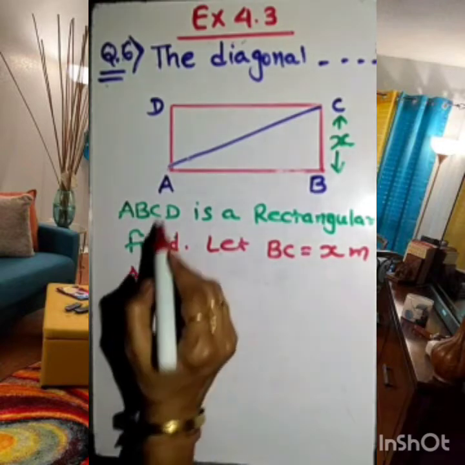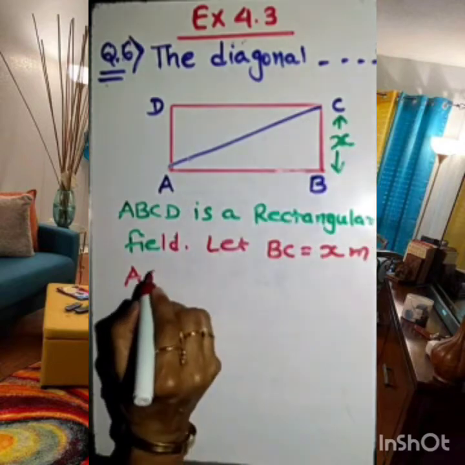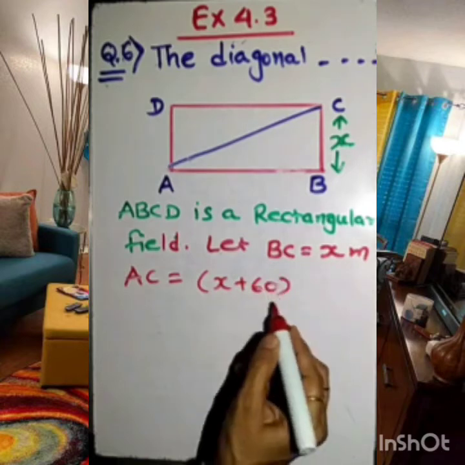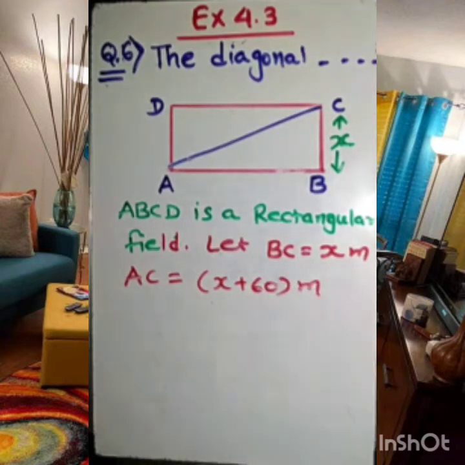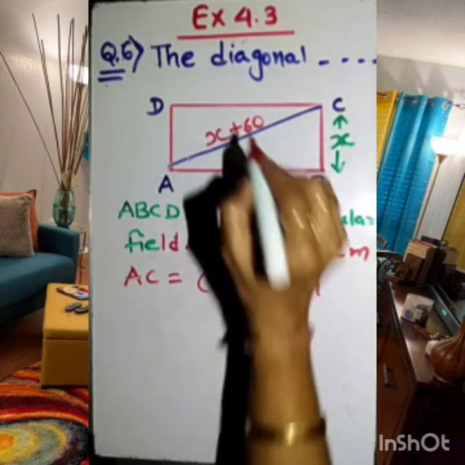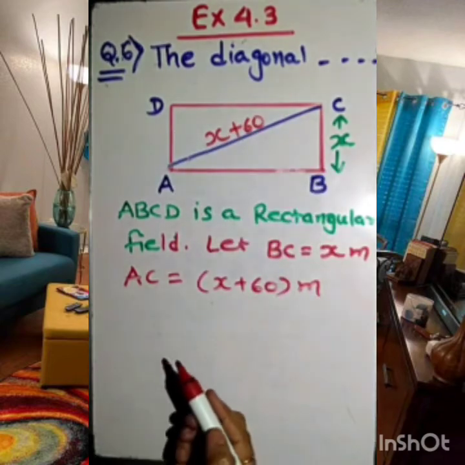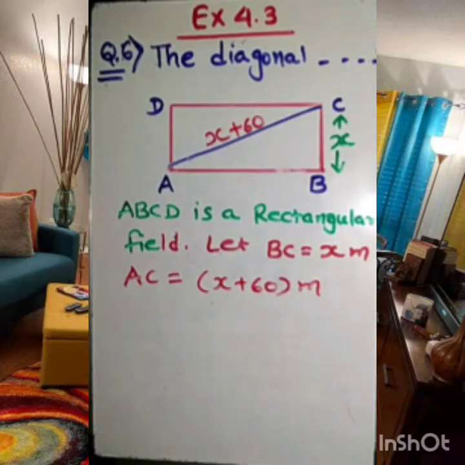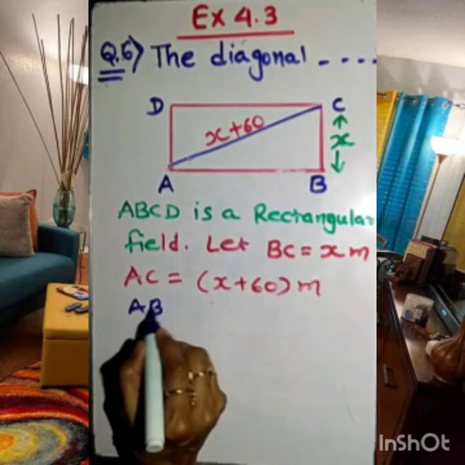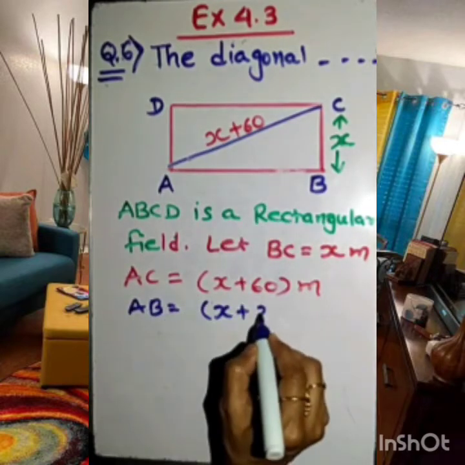The diagonal here is AC, and AC is 60 meter more than this side, so it will be x plus 60. Here I am considering this is x plus 60. And further, the other side AB is 30 meter more than that, so it will be x plus 30 meter.